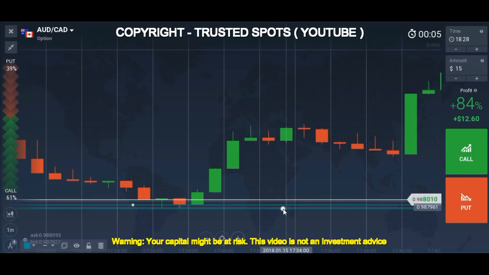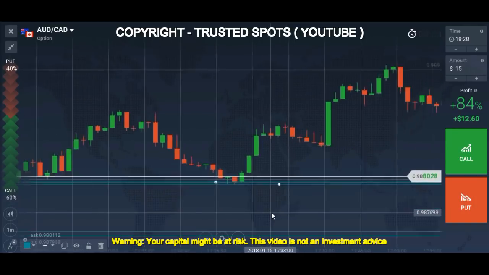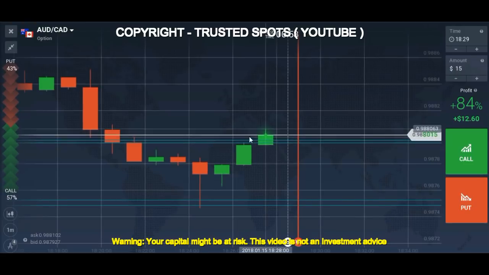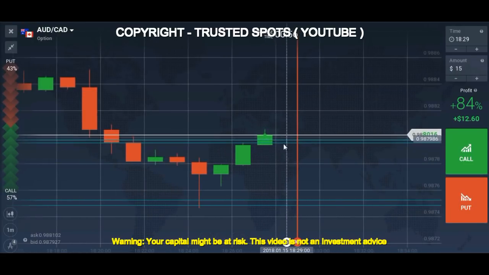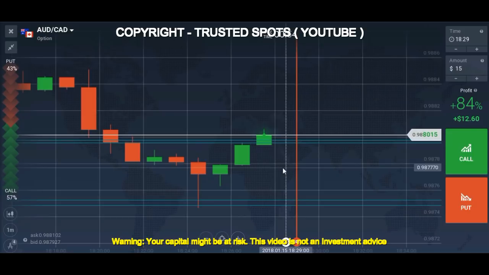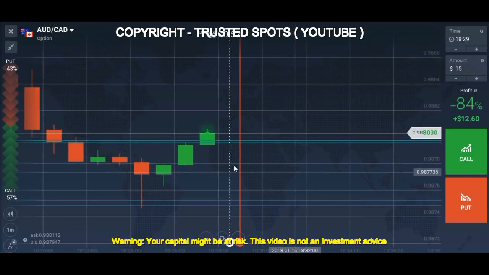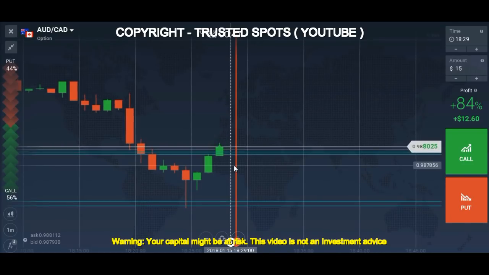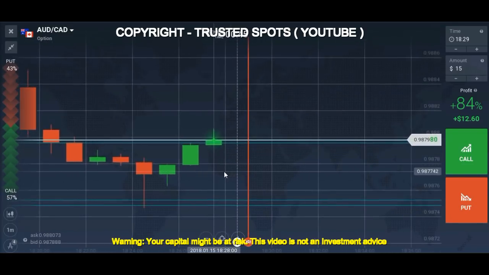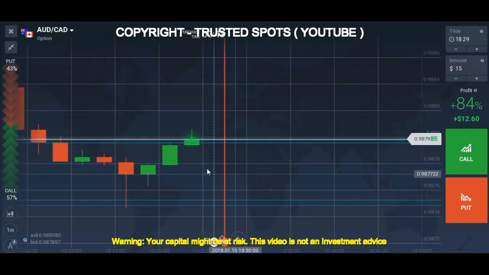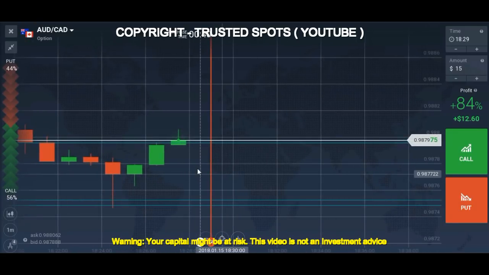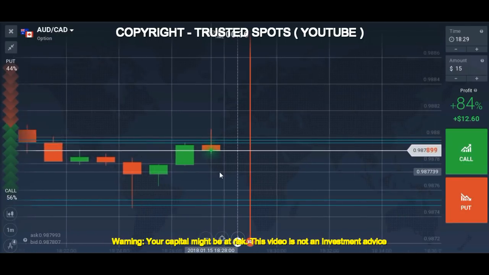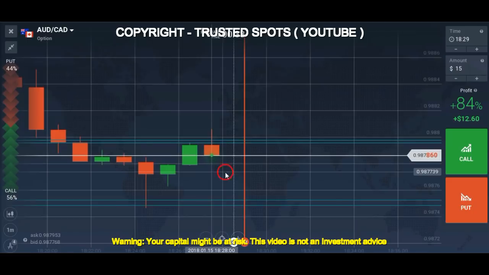Okay, now we are good. We will wait for this candle close. Okay, it's coming down. We will wait for the closing of this candle. Okay, it is now okay.